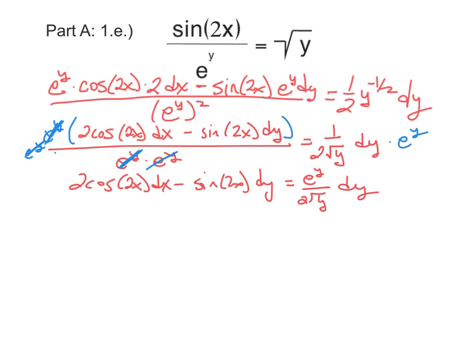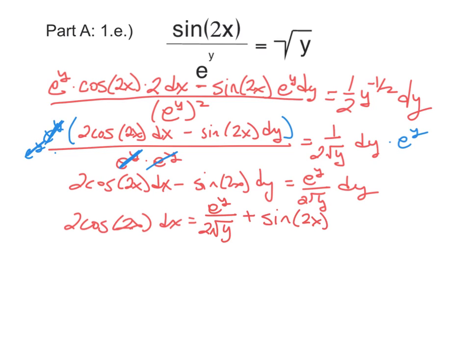Now we can collect all the dy's on one side, all the dx's on the other, so I'll leave 2 cosine of 2x dx over here, and I'll add that sine 2x dy over to the other side. That will leave me with e to the y over 2 square root y plus sine of 2x, and both of those are my dy terms, so I factor out that dy.